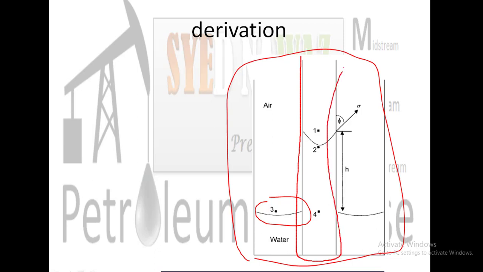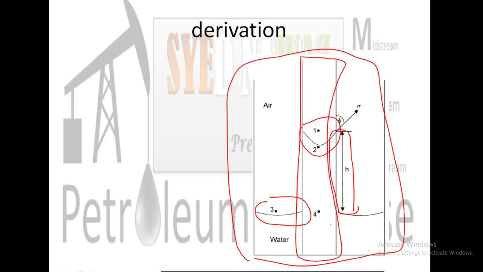Okay, so this particular thing is your test tube. And if you insert a test tube in the beaker, then you will note an increase in height, which I represented over here as H. And this particular zone has a lower meniscus.